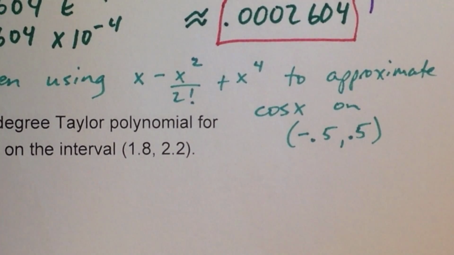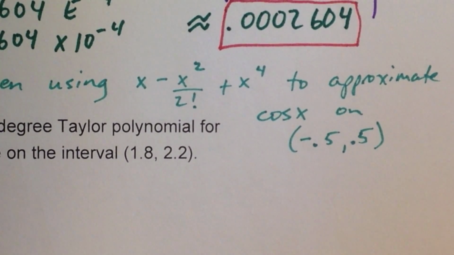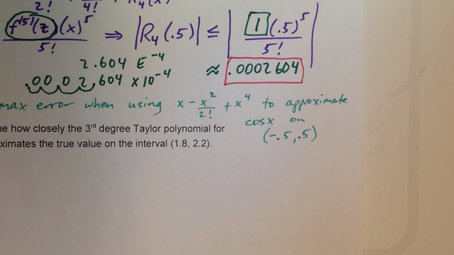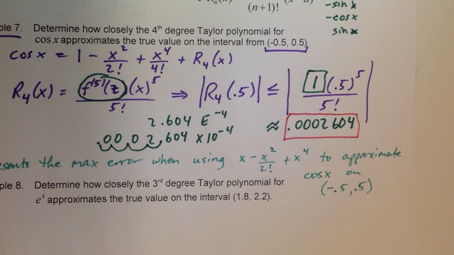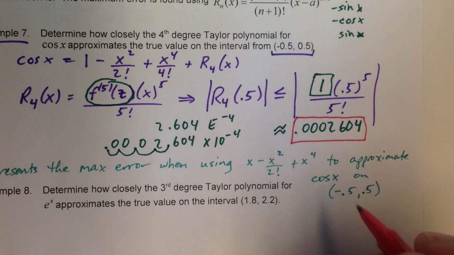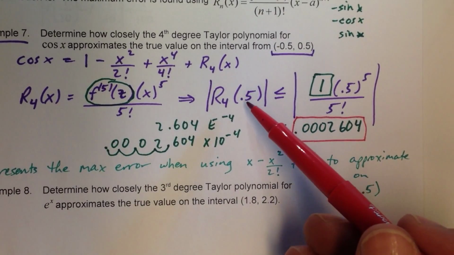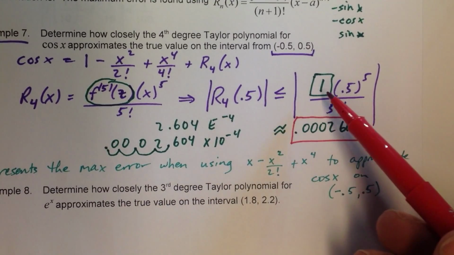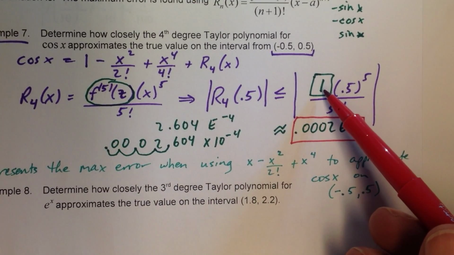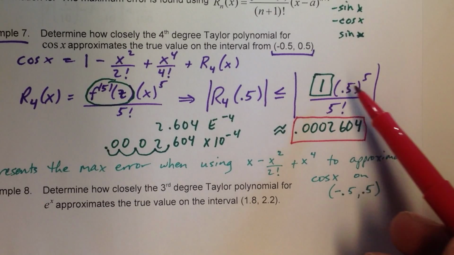Now let's address the issue of why didn't we go to the left 0.5 and why did we go just to the right 0.5? Well, if we replaced 0.5 here with negative 0.5, we know that the fifth derivative of the cosine can still get no bigger than 1, so we'll still replace that number right there with a 1.